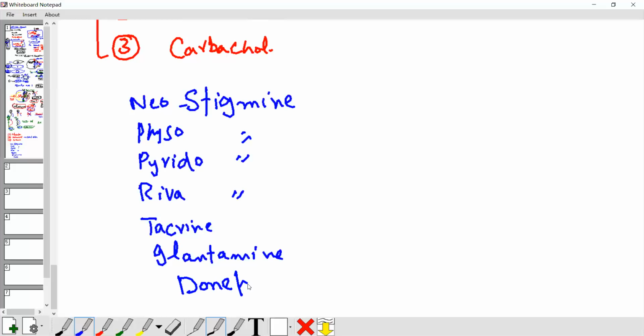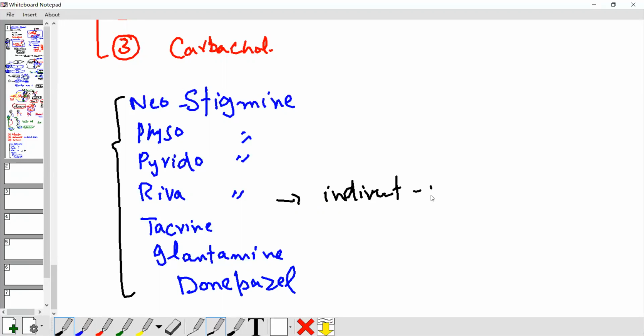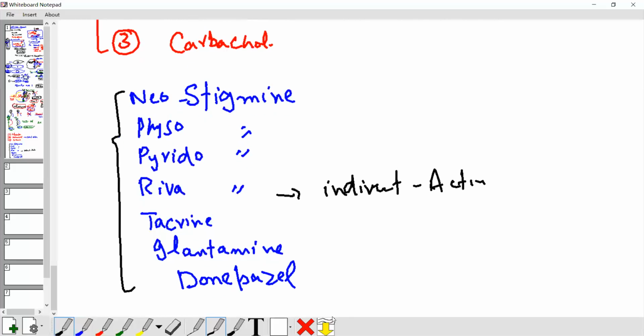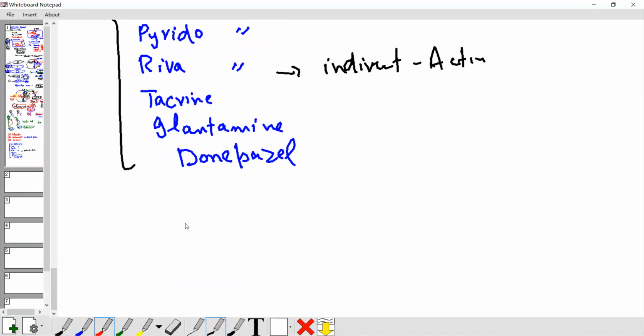Donepezil. All these drugs are indirect acting. Last one, ecothiopate, is also indirect acting.